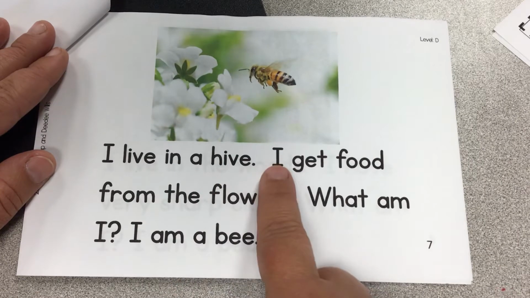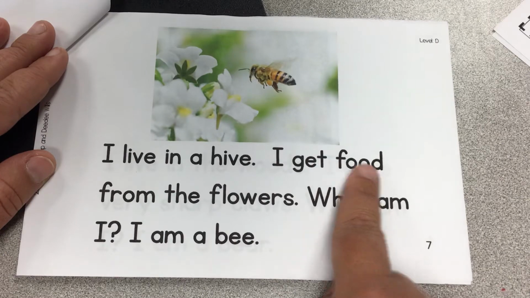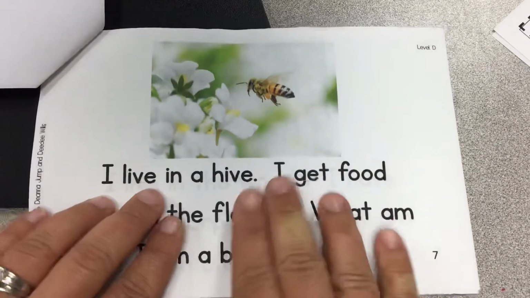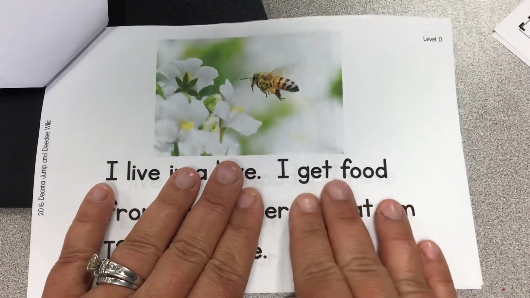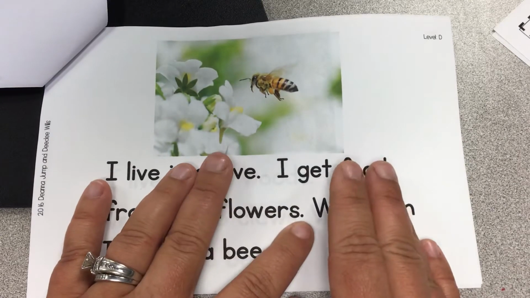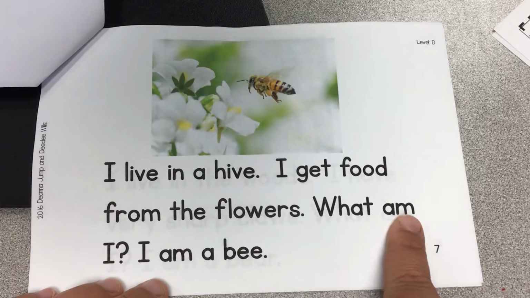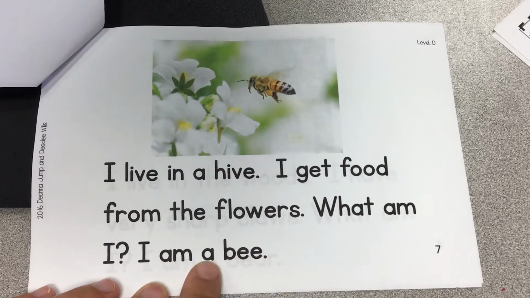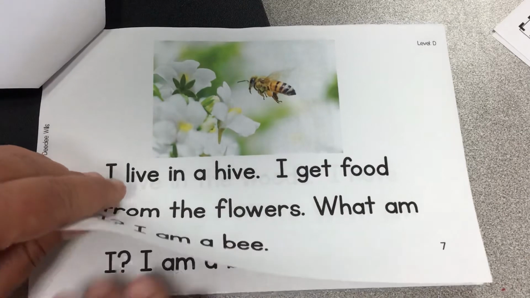I get food from the flowers. What am I? I am a bee. B-E. Double E always says E.